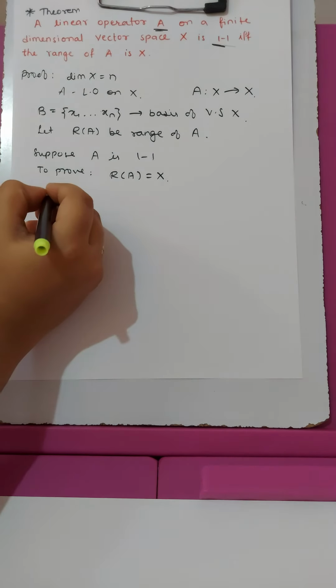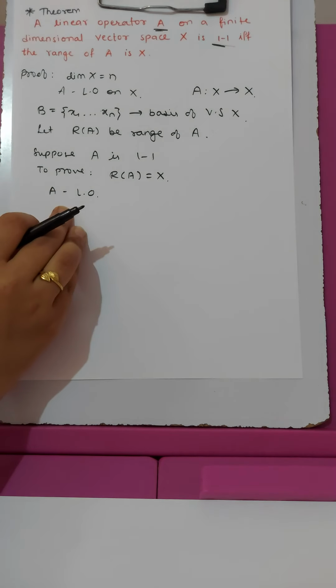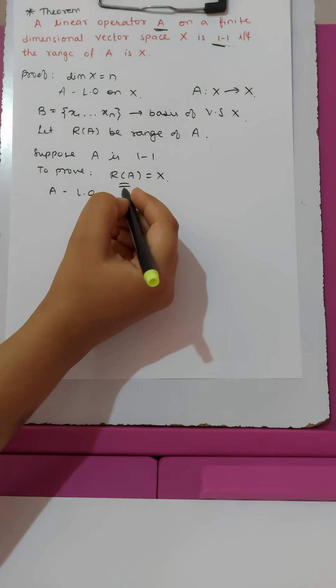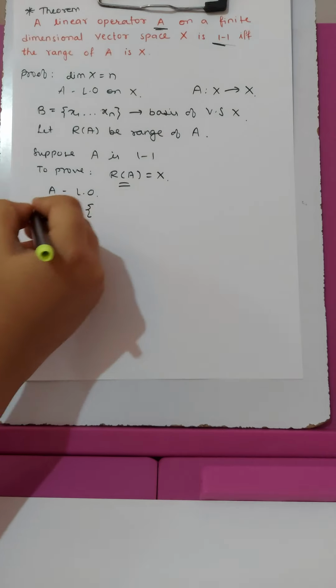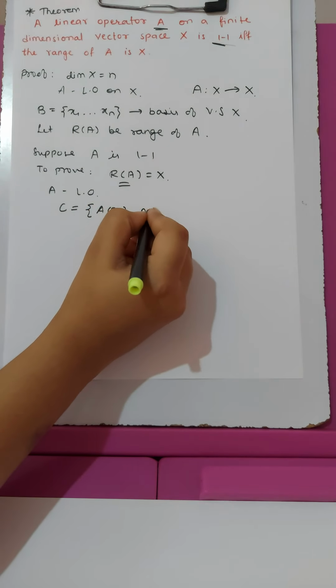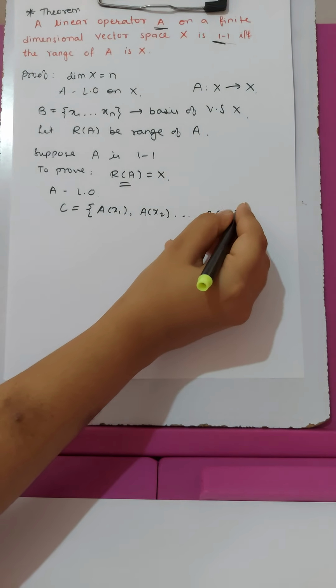Now since A is linear, its range R of A is a vector space and it is spanned by a set, say C, A of x1, A of x2 up to A of xn.